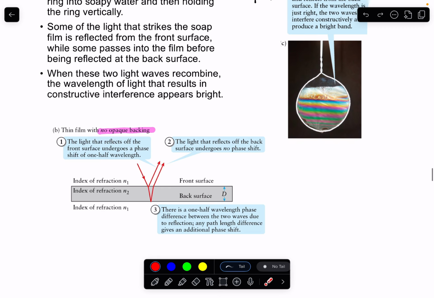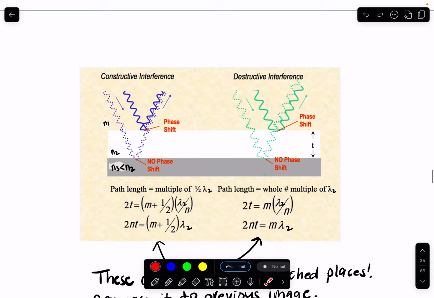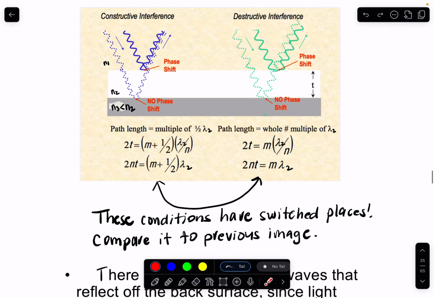And now they're actually flopped from thin film 1, okay? So now the odd number of half integers gives us the constructive interference condition. And the integer number of wavelengths gives us the destructive interference condition.